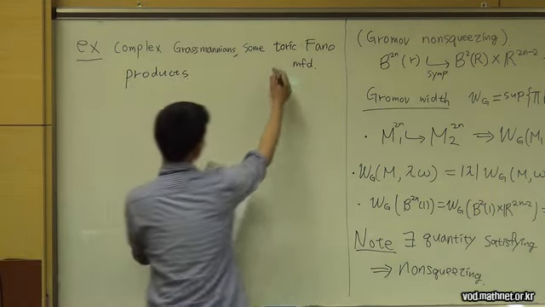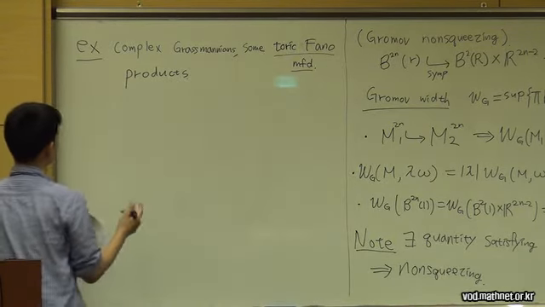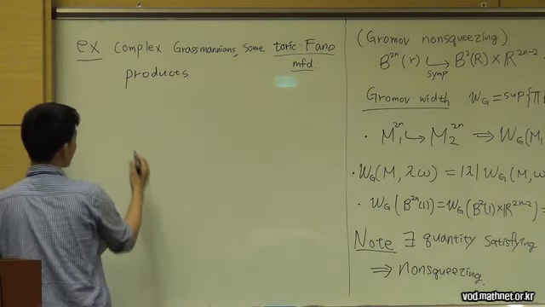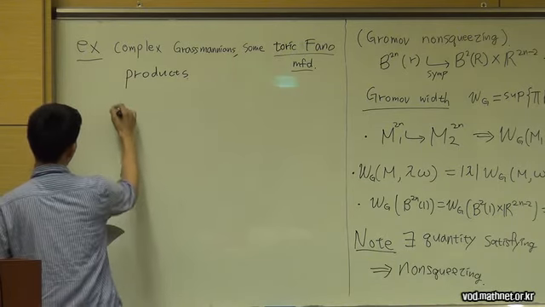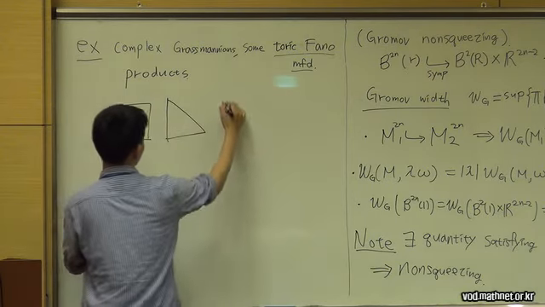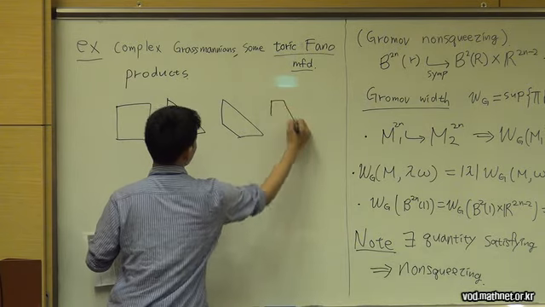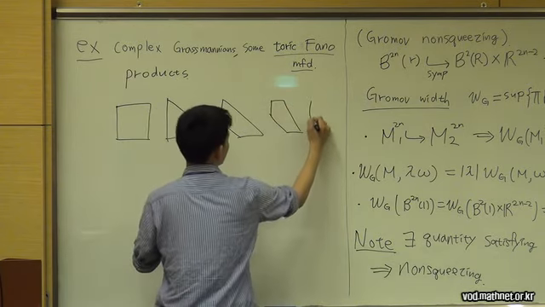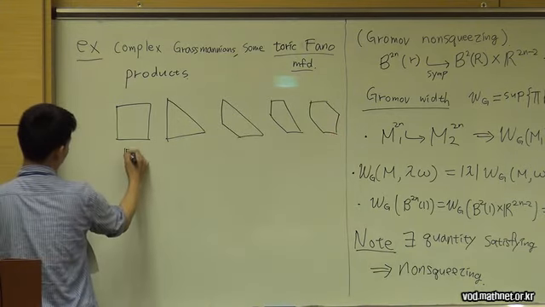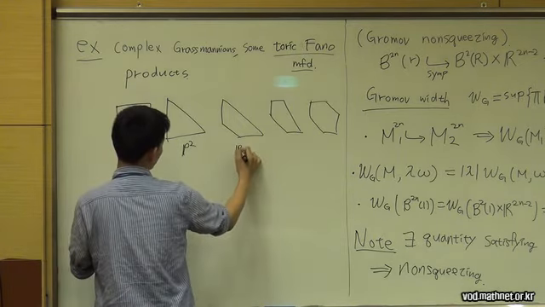So for toric Fano manifolds, let me just give some examples. In dimension 2, there are only five types of Fano manifold. So let me just draw the image of the moment map. The first one is a product of spheres, the second one is P2, and those are blow-ups.